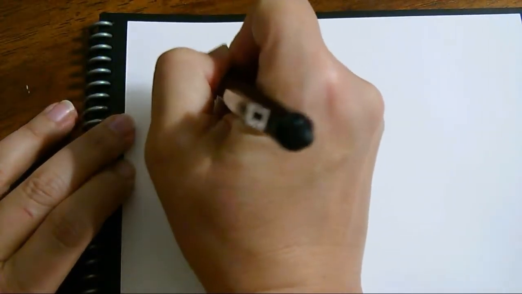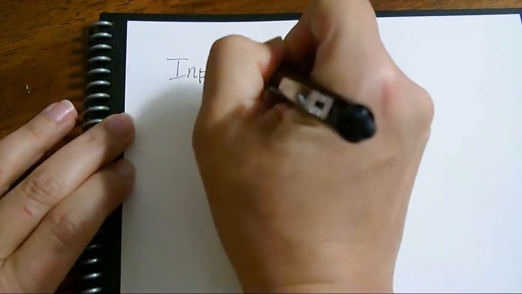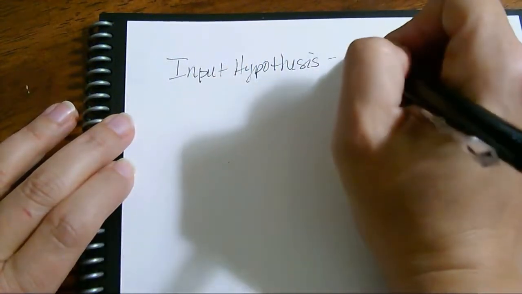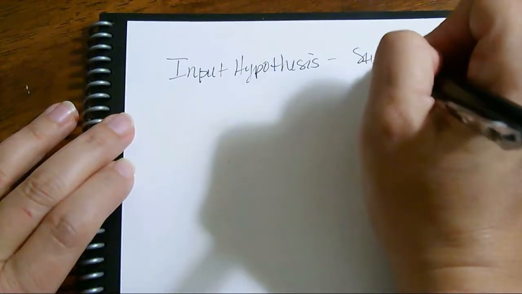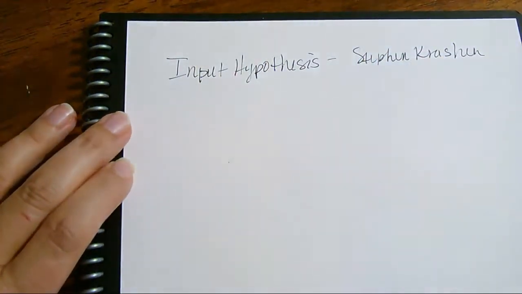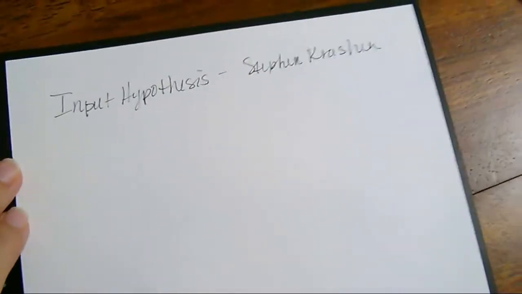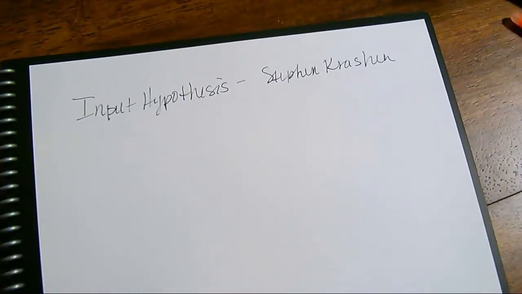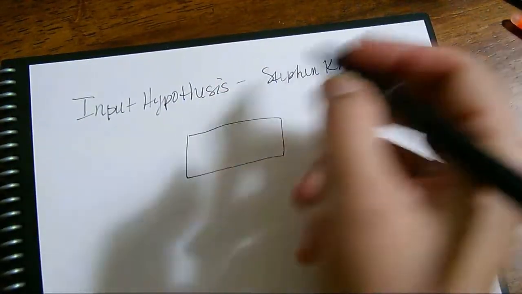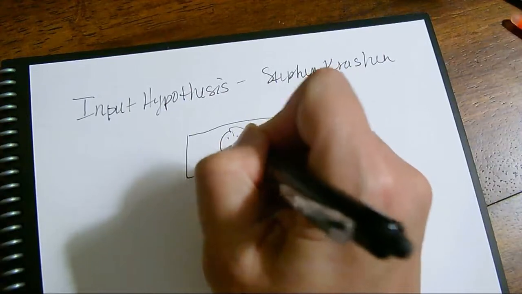One of the first things that you will learn in teaching ESL is this input hypothesis. This was put forth by Stephen Krashen many years ago, and it is one of the go-to hypotheses that we look at in teaching English as a second language. What's really important about this is that here we have the student.